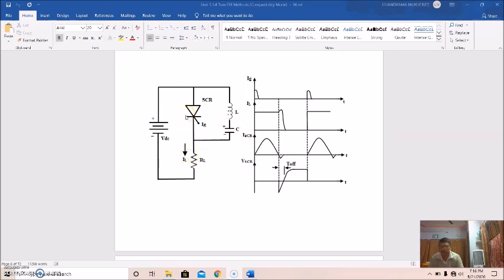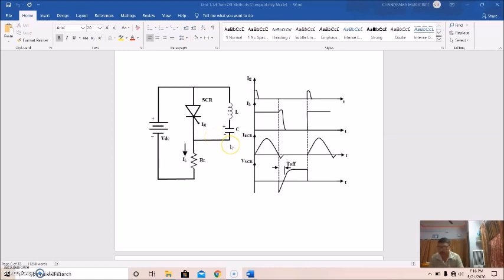The load current flows through this positive terminal, then the thyristor, then the load resistance, and then back. The capacitor discharges through this path: C, L, then SCR, then again C negative.